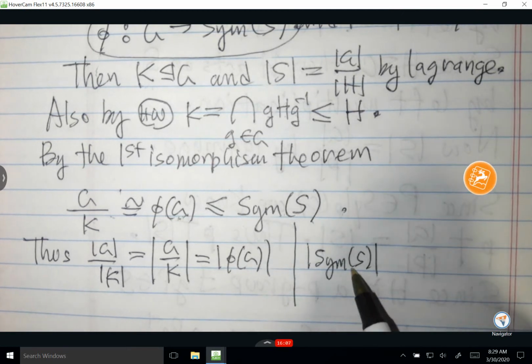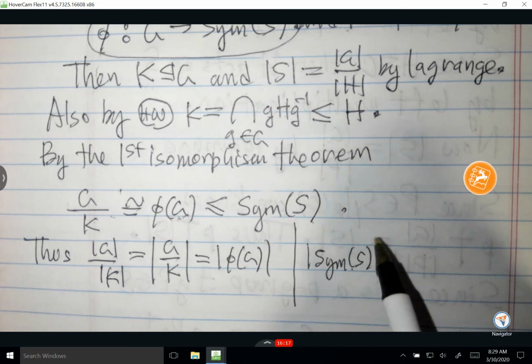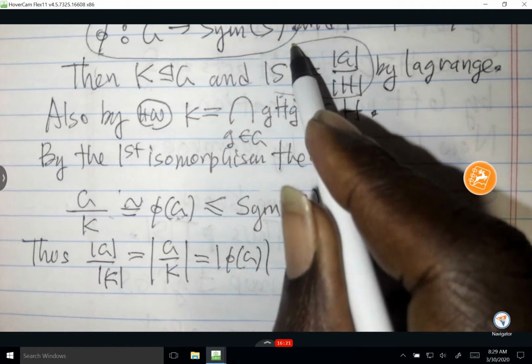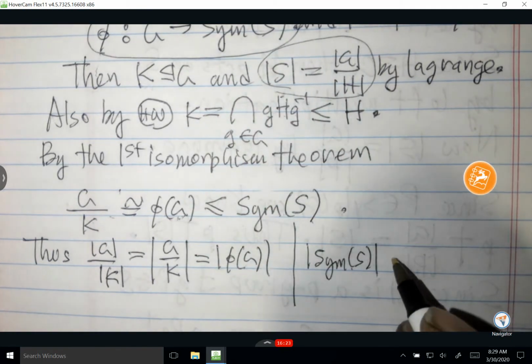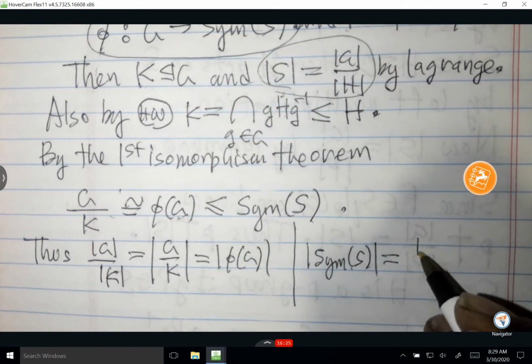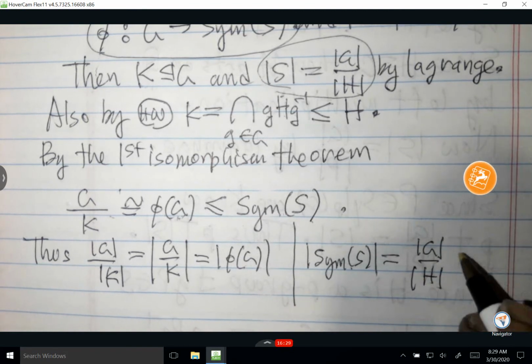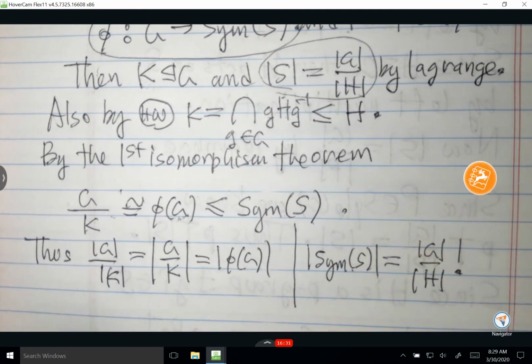But the order of Sym S, that's the group of permutations of the set S. The set S right here has order this number. So this has order the order of G over the order of H factorial.